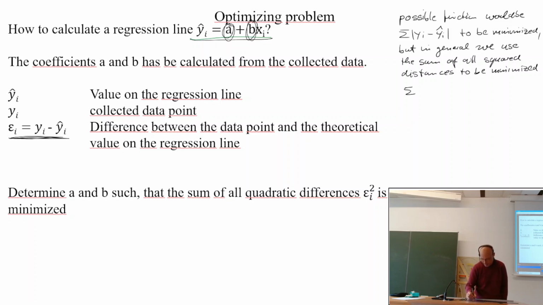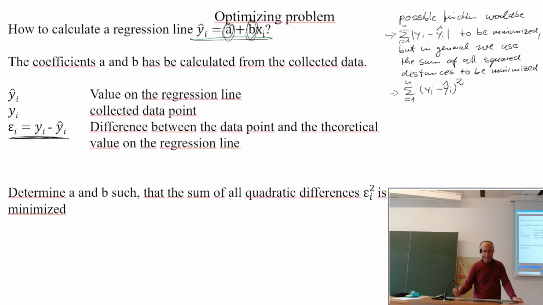So this function, i from 1 to n. Well, and again, we talked about this when we were talking about the variance. Why do we choose this one and not this one?